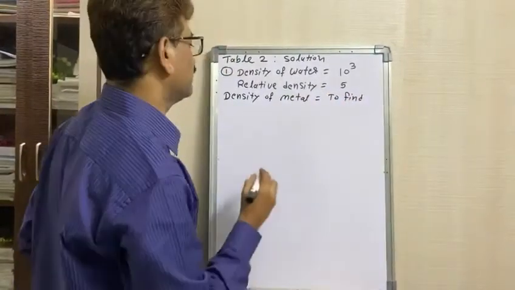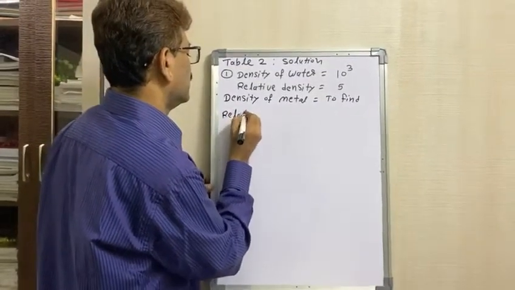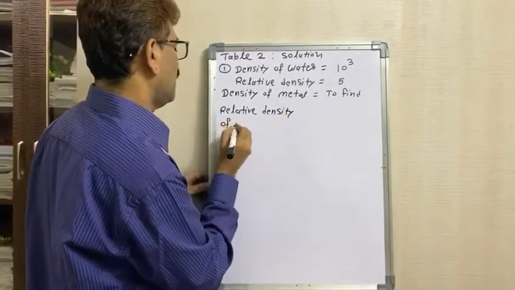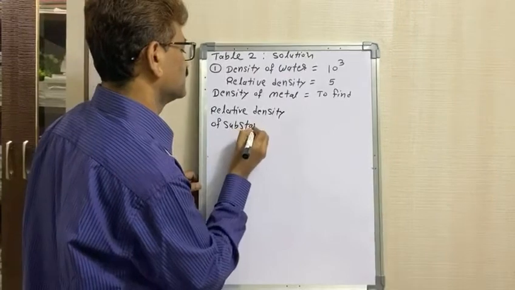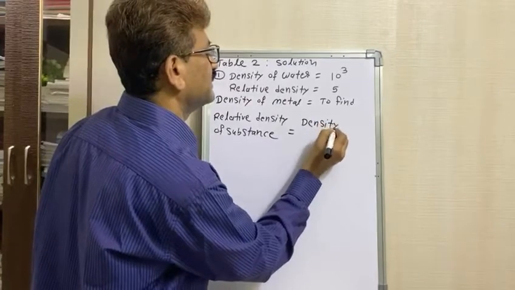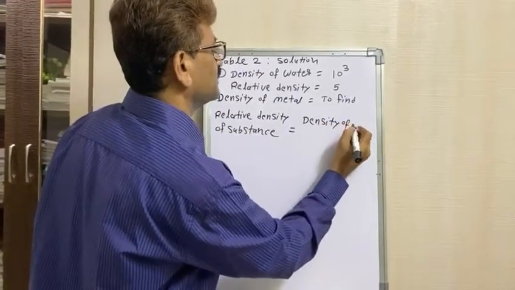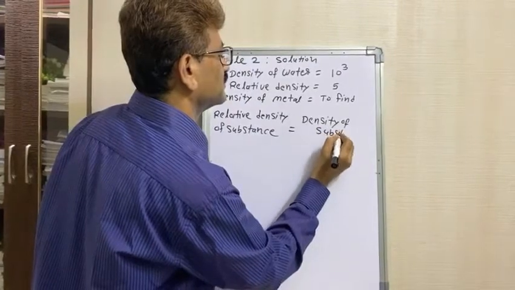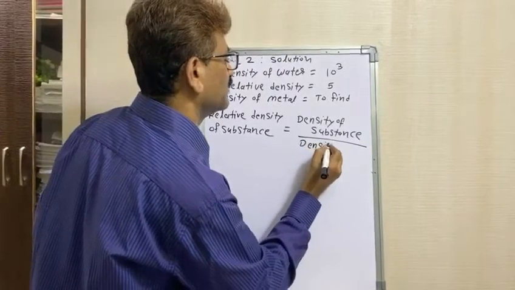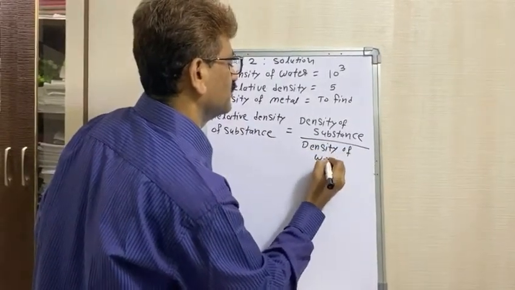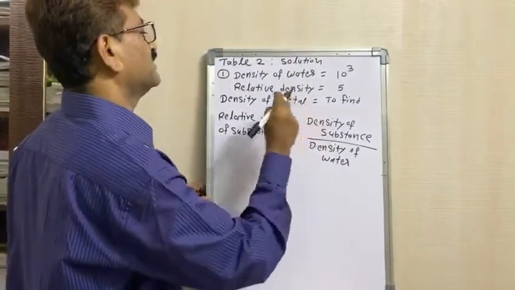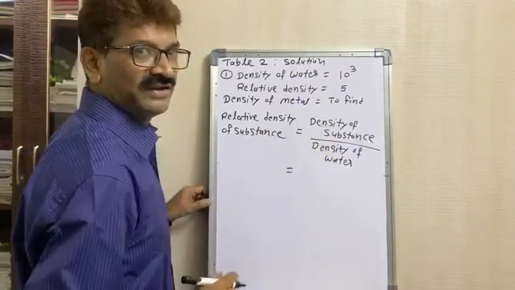So for this we have to apply the formula: relative density of substance is equal to density of substance divided by density of water. Now here the density of substance we have to find.